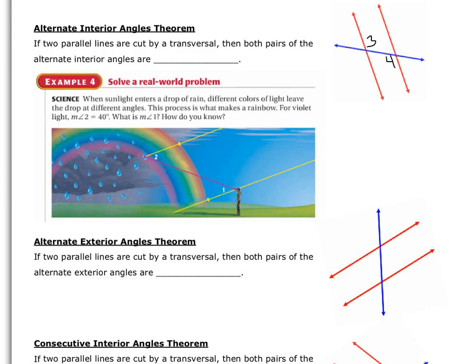I can identify 3 and 4 as alternate interior angles, and you can abbreviate that with AIA, alternate interior angles. Now, though, we can identify, but if we know that the parallel lines are cut by a transversal, so there's the key. If they're parallel and they're cut by a transversal, then both pairs of the alternate interior angles are congruent.